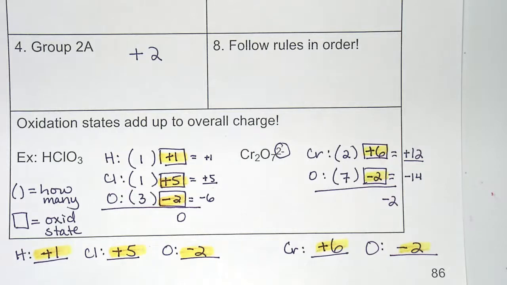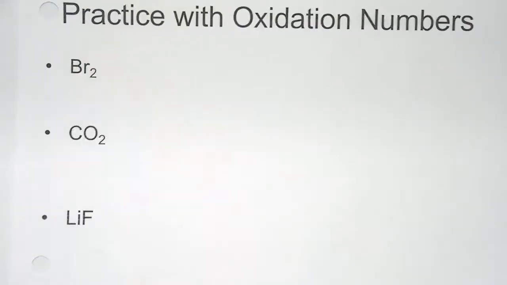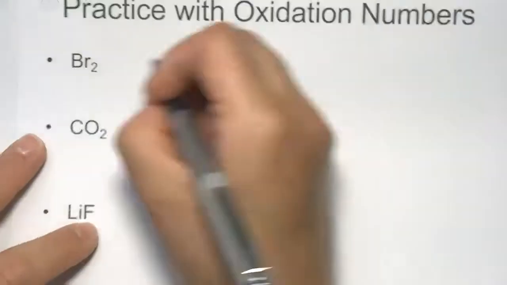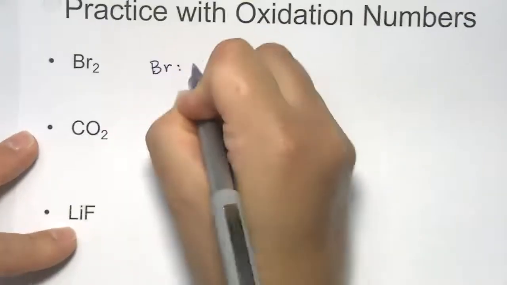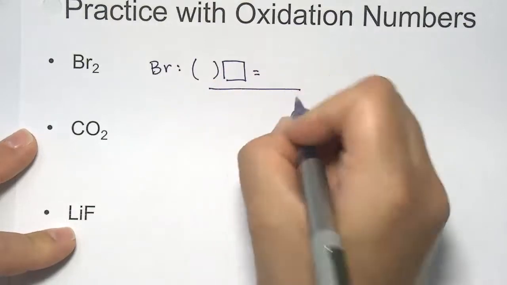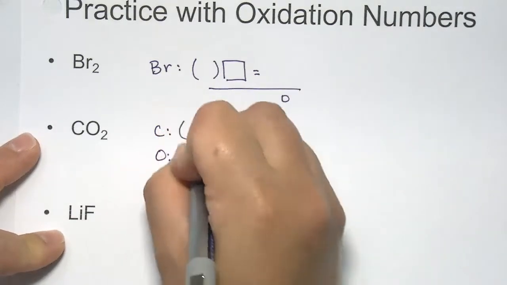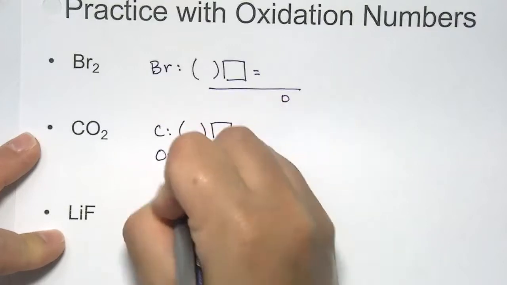Okay, now you do it on the next page. Okay, so identify every element in here. You don't have to use the parentheses and box way. I like it because I think it's helpful for organizing. But again, do your thing.